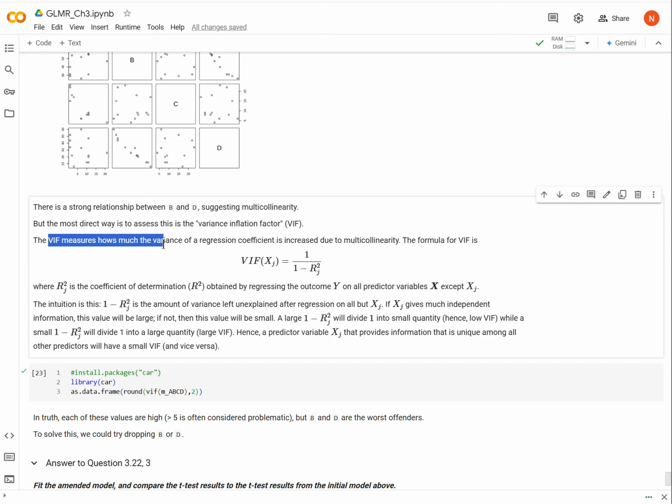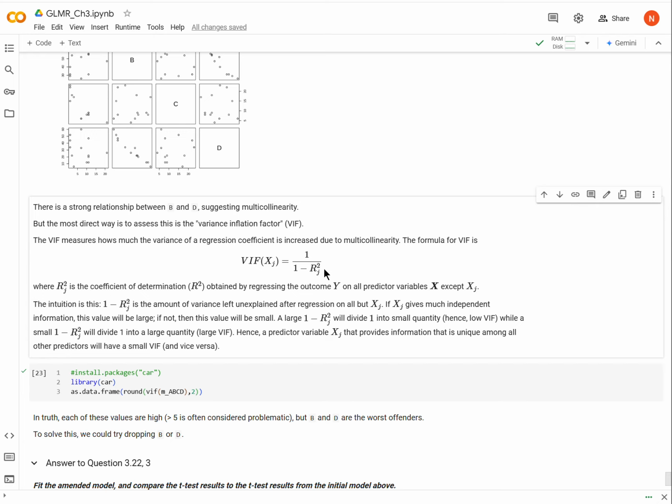VIF measures how much the variance of a regression coefficient is increased due to multicollinearity. Okay, so now here's the formula. If I want to know the VIF for the predictor variable xj, or more precisely the coefficient of xj, then I apply this formula, 1 over 1 minus the r squared value sub j.